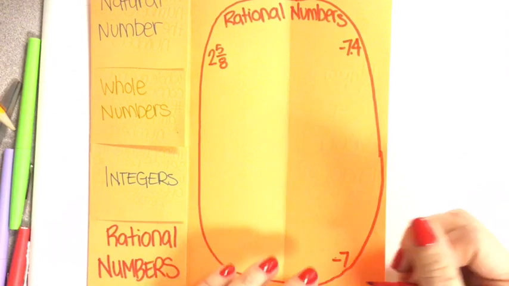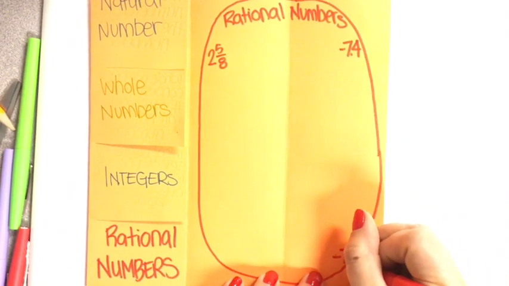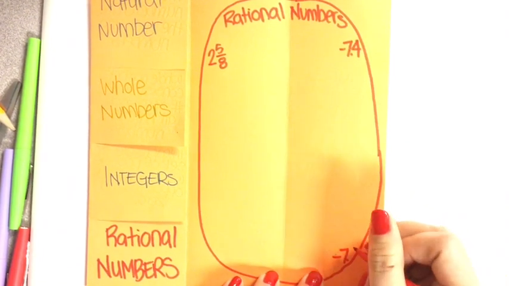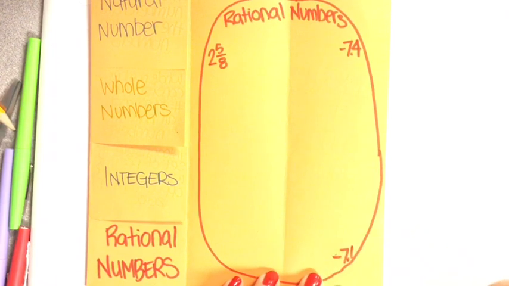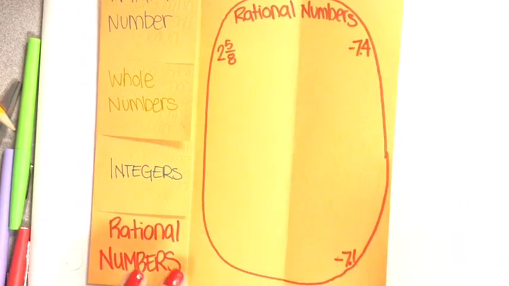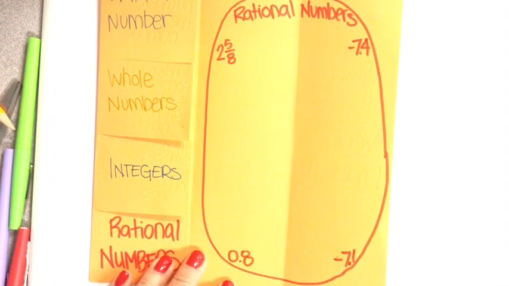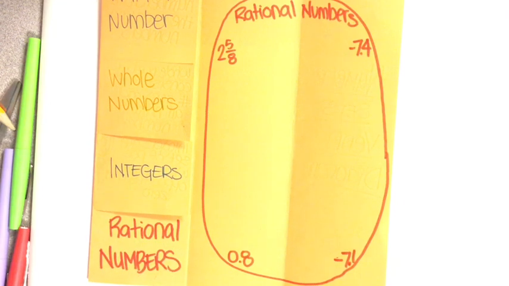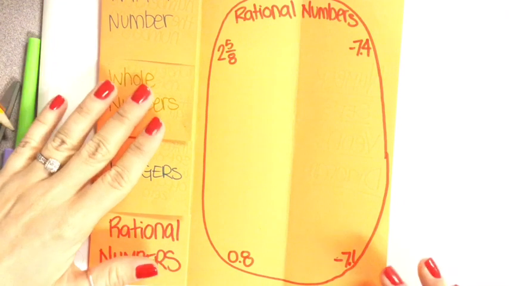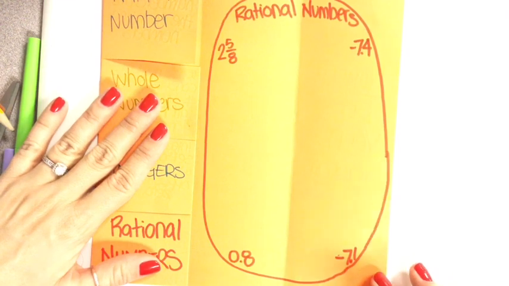But actually for this, I think that's not a good spot for it. So I think I'll do -7.1. Let's just add that. I'll tell you why in a little bit. Over here, maybe I have the decimal 8/10. And then I'm going to stop right there, and we can add more to it in a little bit. But these are rational numbers.